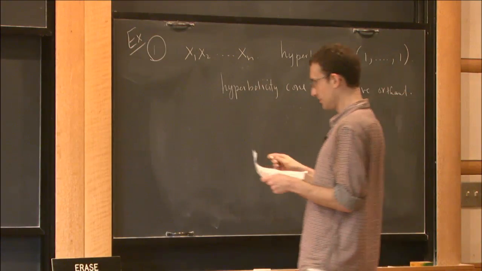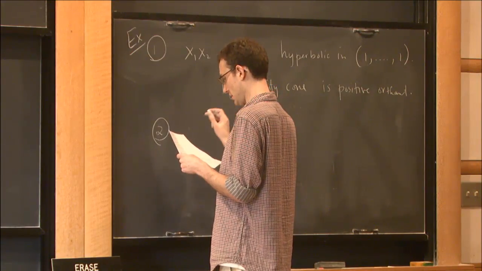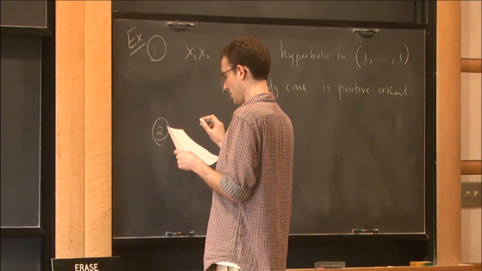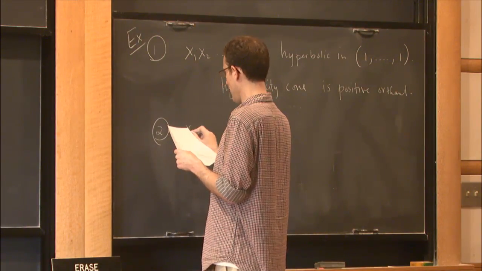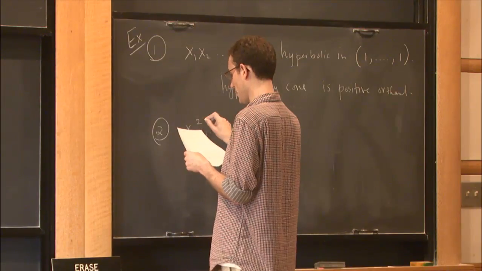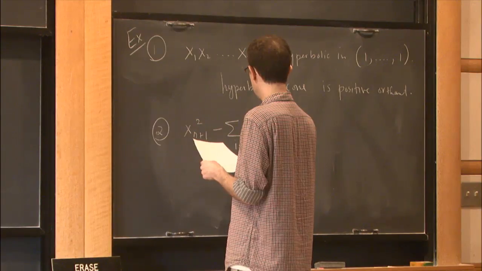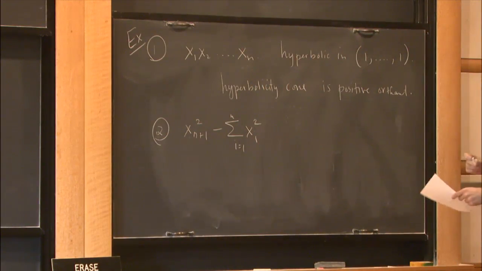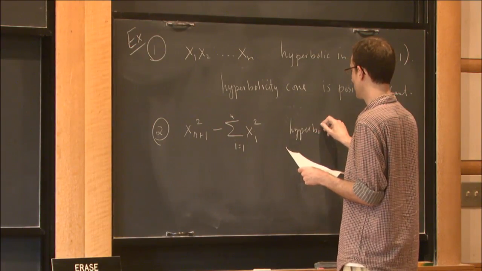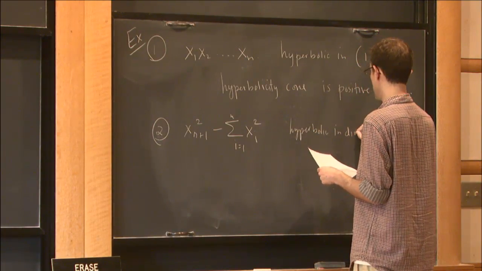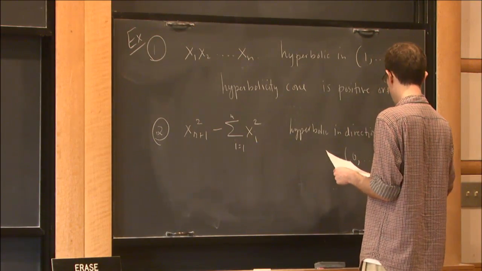A second one is what's called, well, let's see: x_{n+1} squared minus the sum over i of x_i squared is hyperbolic in the direction 0, 0, 1.